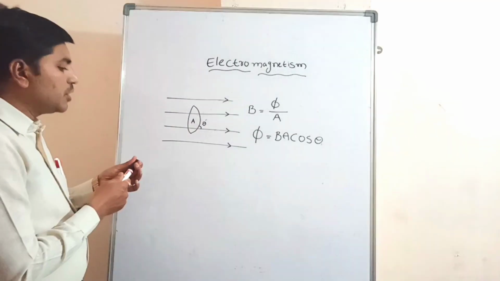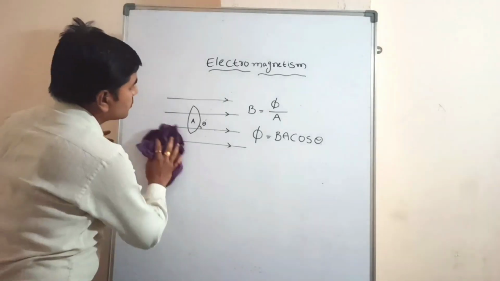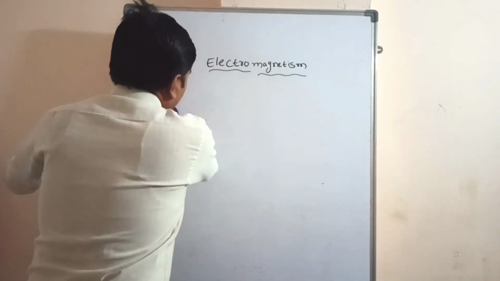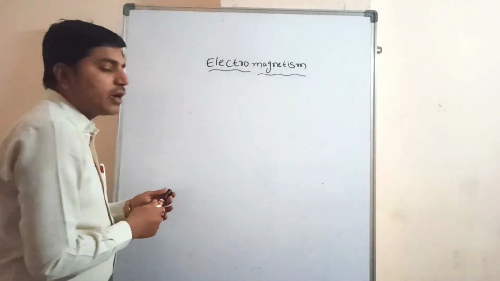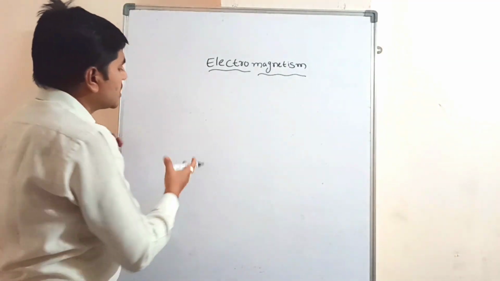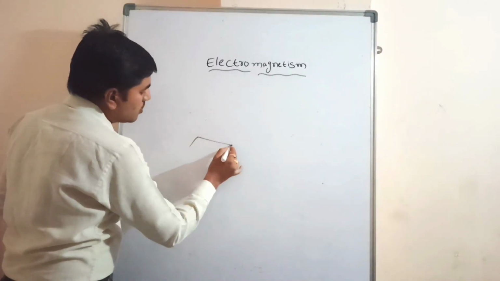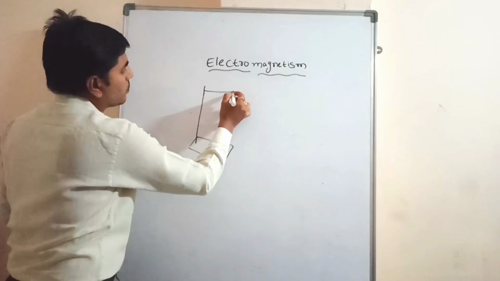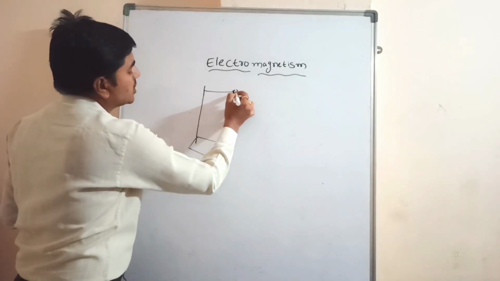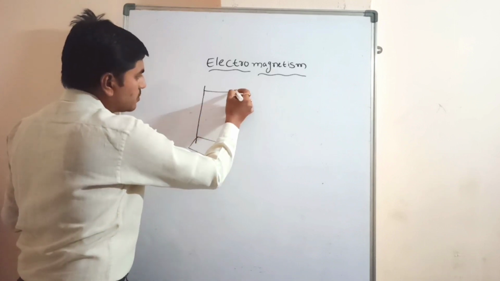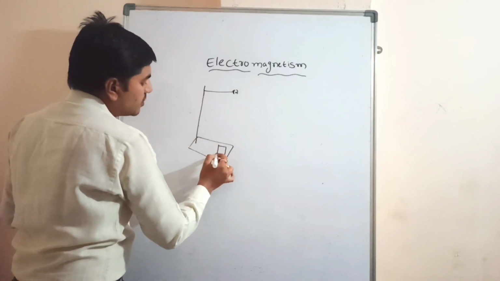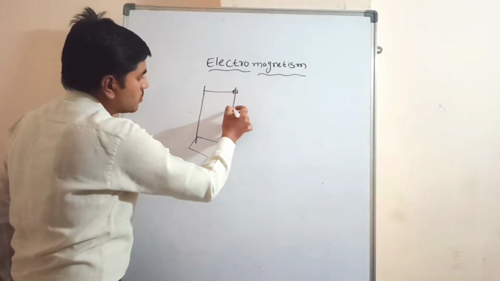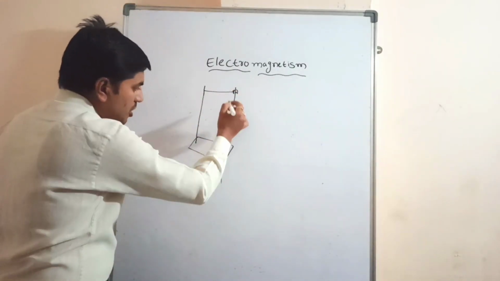For example, roughly I am going to draw this. On an iron stand, we arrange one copper wire. It is a straight wire.